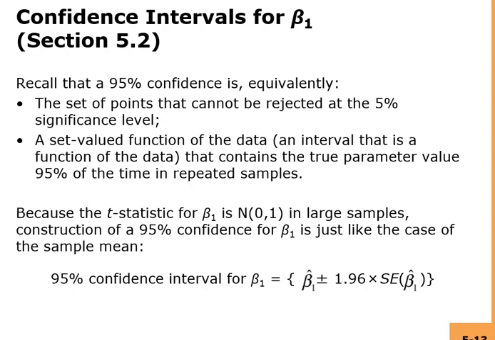Because the t-statistic for beta 1 is distributed normally in large samples, the construction of a 95% confidence interval is pretty much similar to what we did for the sample mean. We have beta 1 hat plus minus 1.96 multiplied by the standard error of beta 1 hat, and this gives us the 95% confidence interval.